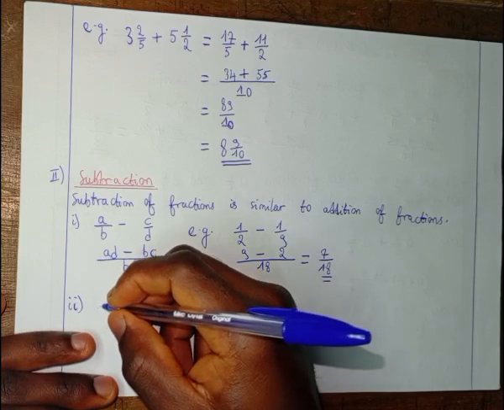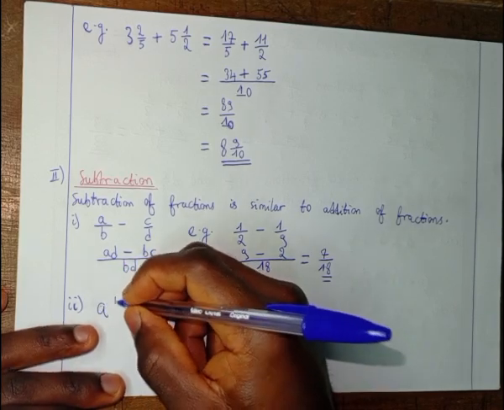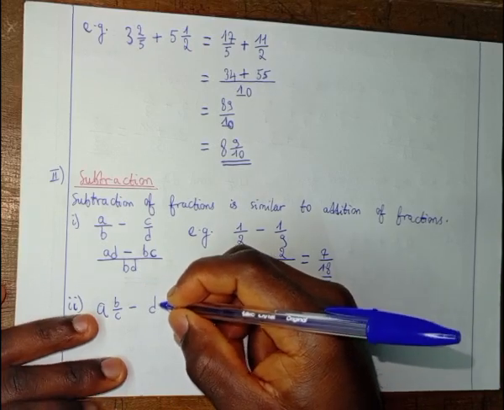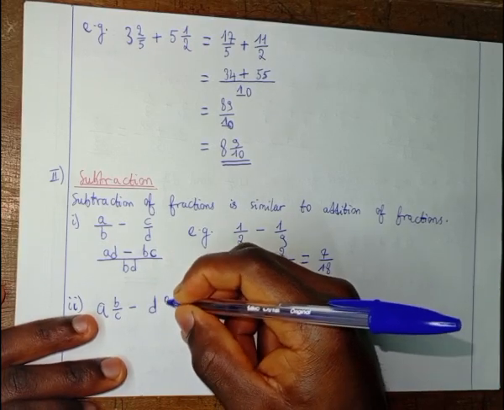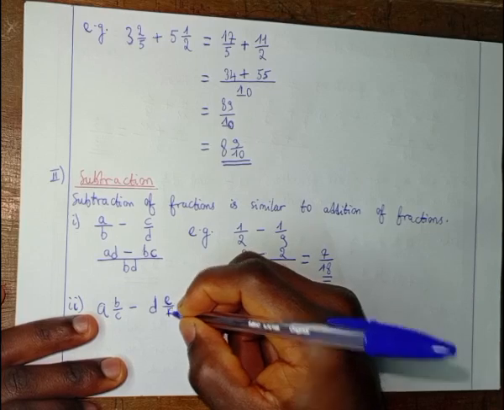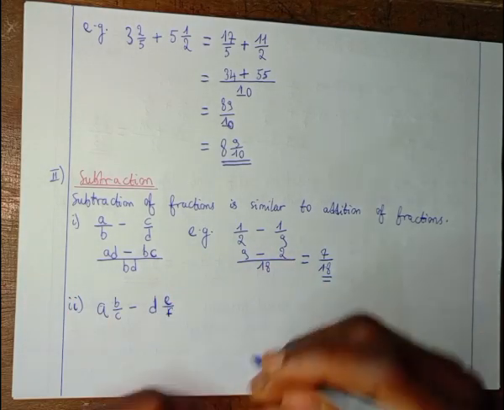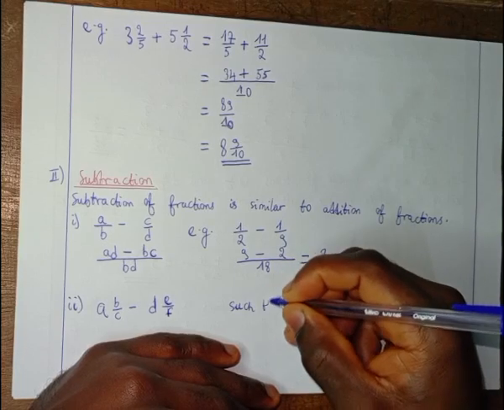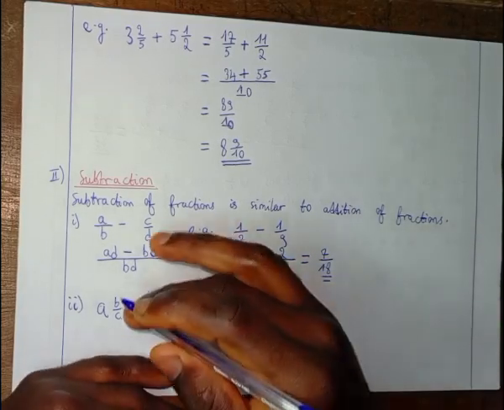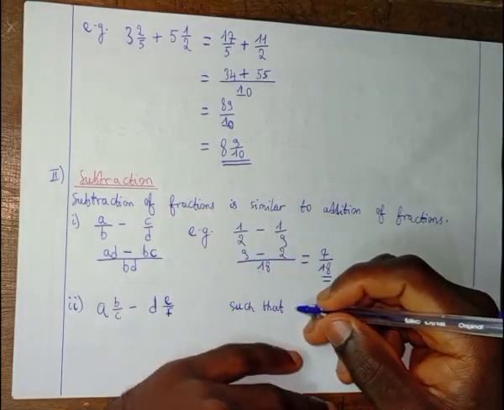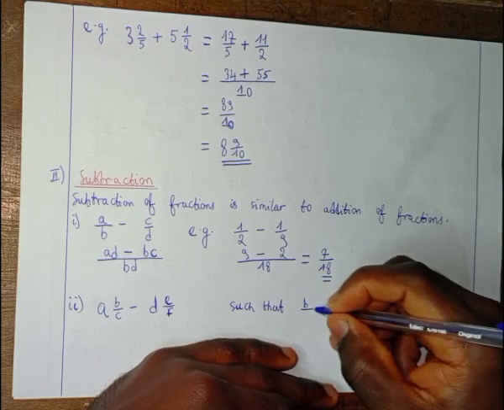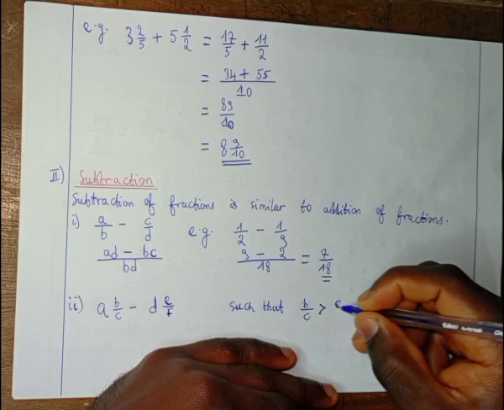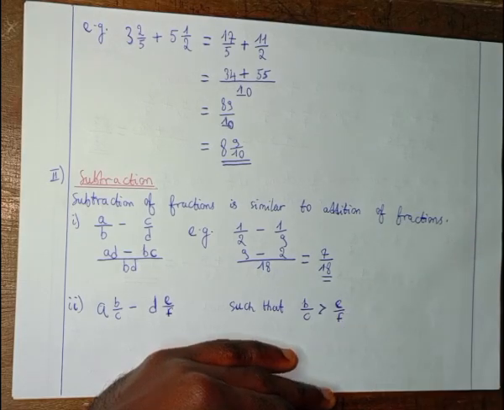We have two mixed fractions, a and b over c minus d and e over f. We have to subtract these two mixed fractions such that they are proper fractional parts, such that b over c is greater than e over f.